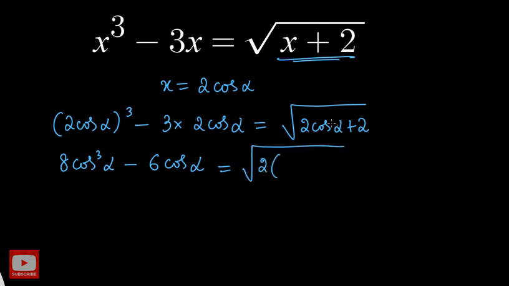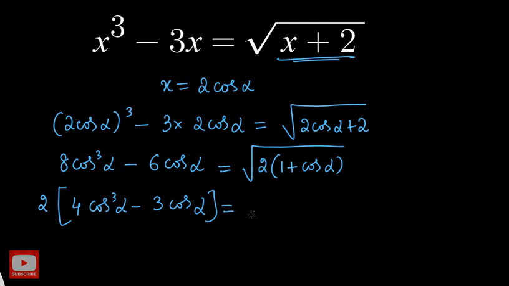So we have cos alpha plus 1, or I would like to write it as 1 plus cos alpha. Either way it works. Now on the left hand side, I would like to take 2 as a common factor, so that we have 2 times (4 cos cube alpha minus 3 cos alpha), that is equal to the square root of 2 times (1 plus cos alpha).